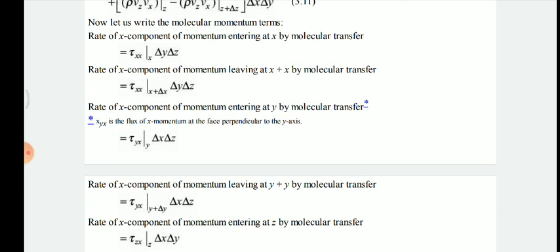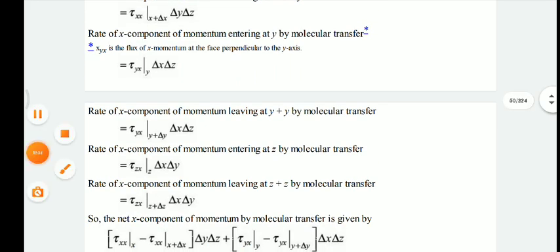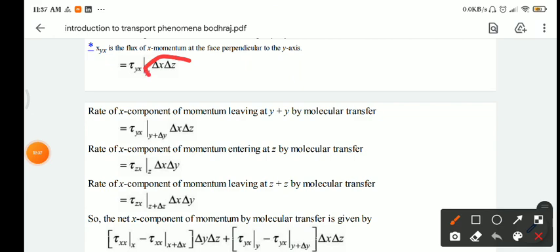Now rate of x component momentum entering at y by molecular transfer. So molecular માટે શું થશે? Similar for tau yx at y point and another is delta x અને delta z.